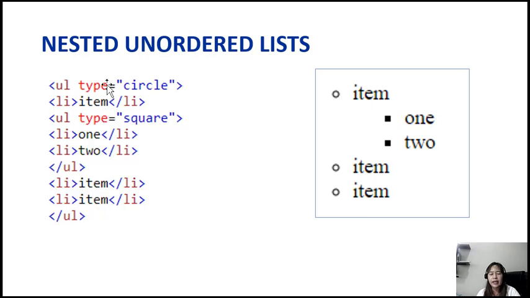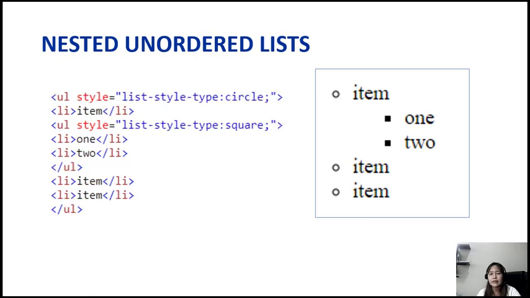So instead of using type here, we're using the type attribute to change the first item to circle, and then the nested one into square, also using the type attribute. So how do you create it using style? Using style, you simply have to say UL style, list-style-type, colon, circle, and then list-style-type, colon, square.